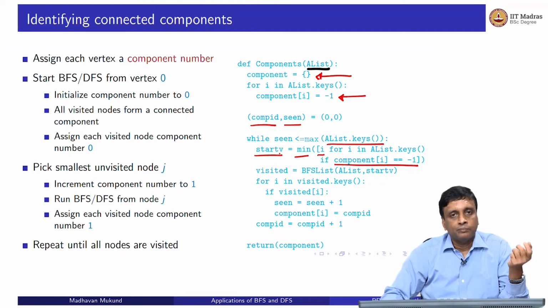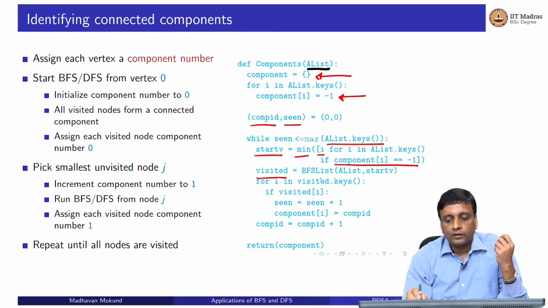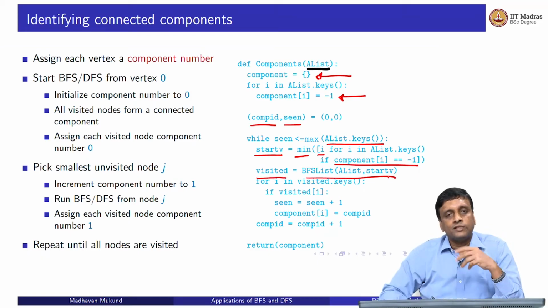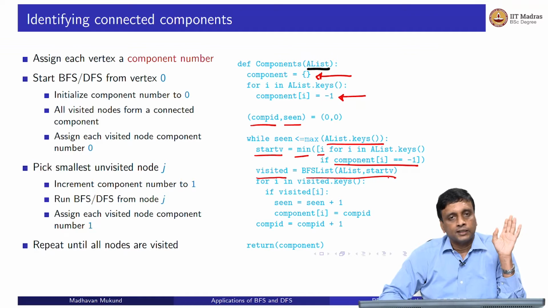I am going to start a BFS from here, so I will visit everything from here. Now, notice that when I visit from here, I am not visiting the things in the other components, but I do not care. I just want to know which ones I visited from this start vertex.